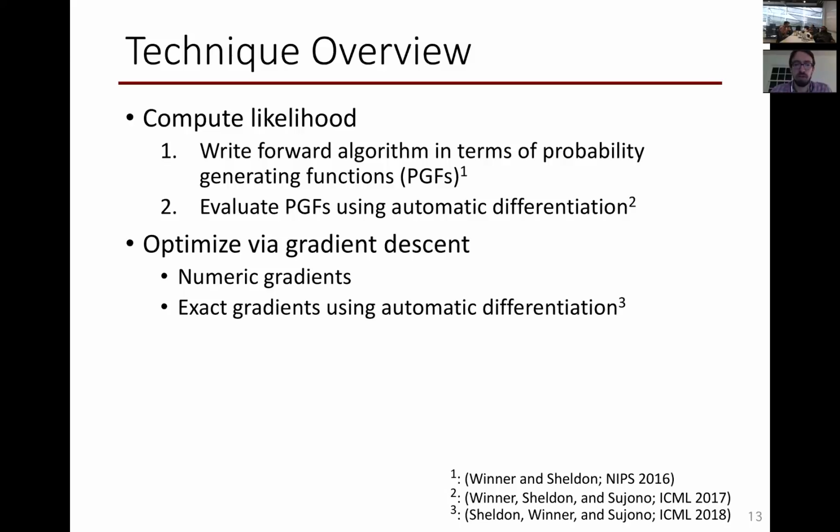Or we also have a new paper coming out at ICML this year, which uses a lot of the same Autodiff techniques to not only evaluate the likelihood, but also evaluate the gradients of the likelihood with respect to the parameters. I'm not going to get a chance to speak too much about that, but if you're interested, I'm happy to talk with you after about that paper.